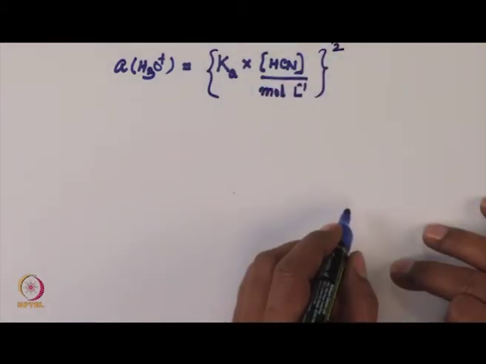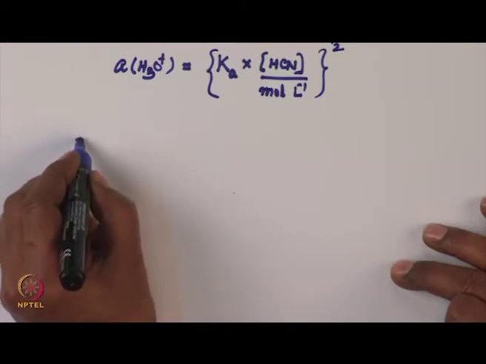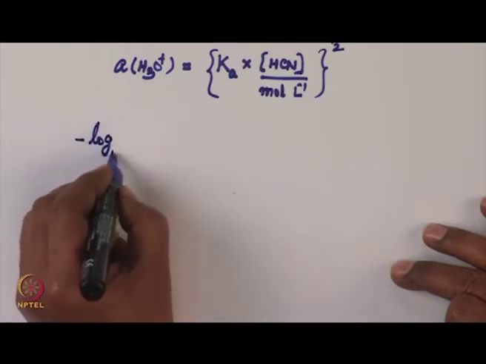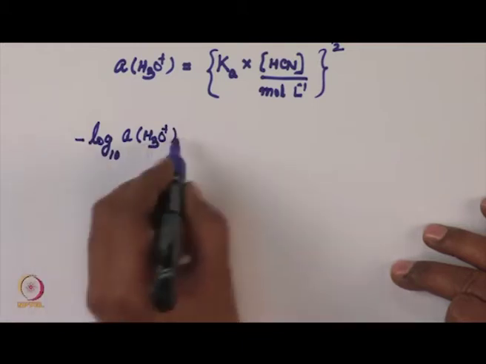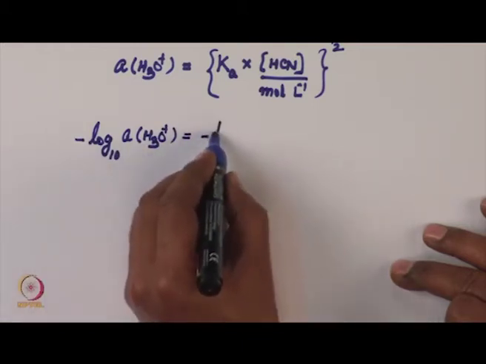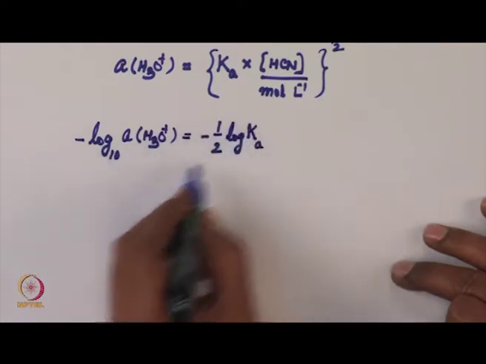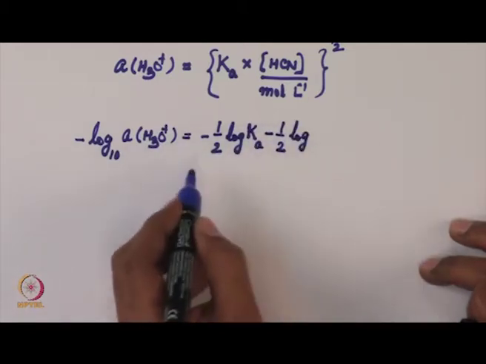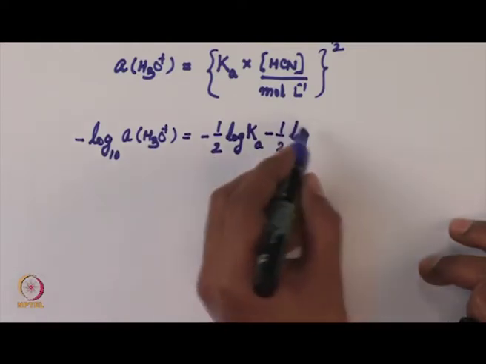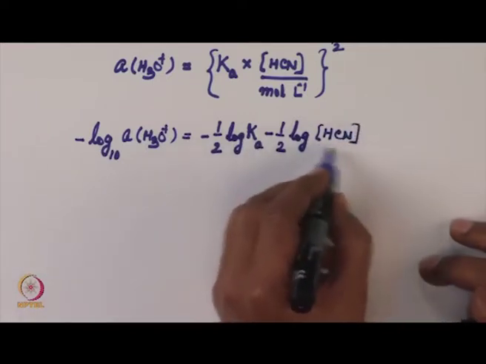pH will be minus logarithm of hydrogen ion activity or hydronium ion activity. So, let me directly use that, minus log 10 activity of H3O plus will be equal to minus 1/2 log Ka minus 1/2 log concentration of HCN, and of course you divide by mole per liter.